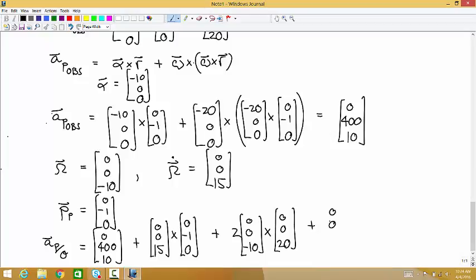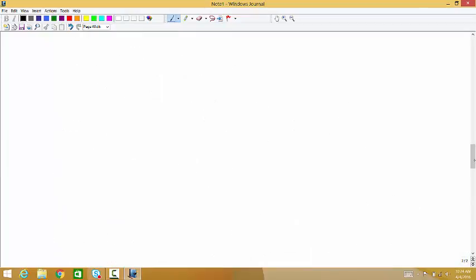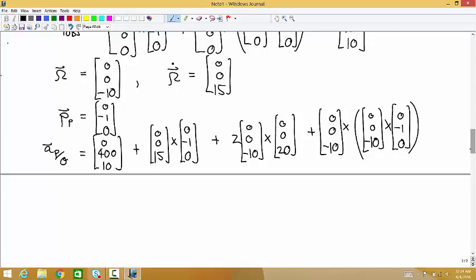Plus 0, 0, negative 10, cross quantity 0, 0, negative 10, cross position vector 0, negative 1, 0. Anybody have this programmed into your calculator?